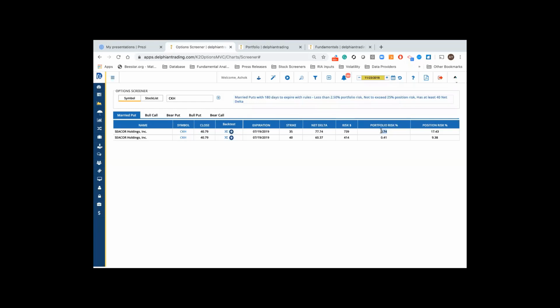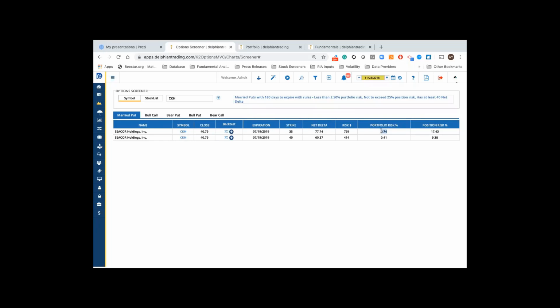Even though I bought stock at $4,100, they will give me back the rest of the money, right? Somebody sold me those puts. So that's how you get assigned, and then they will have to pay you.